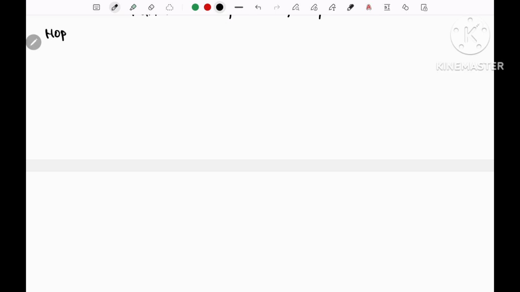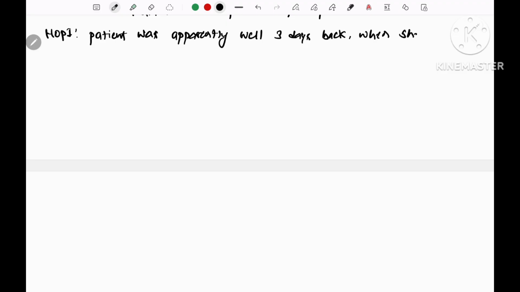While we present the HOPI, we write: the patient was apparently well 3 days back when she developed pain in the right upper abdomen.